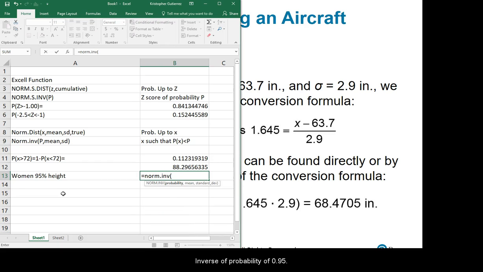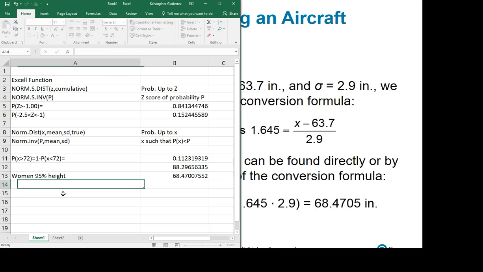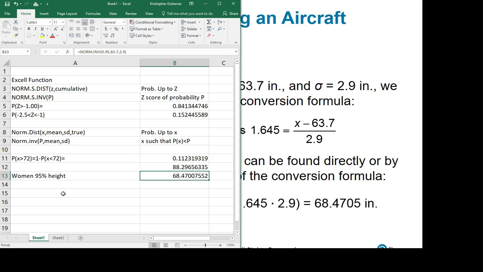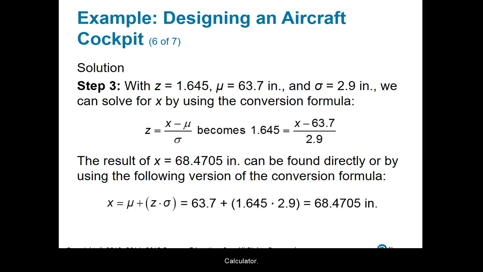We want a probability of 0.95. We got a mean of 63.7 and a standard deviation of 2.9. So 68.47 inches. And that's what we get in Excel. That's what you get with your calculator. It's looking for what height 95% of women would be below. And that is 68.5.